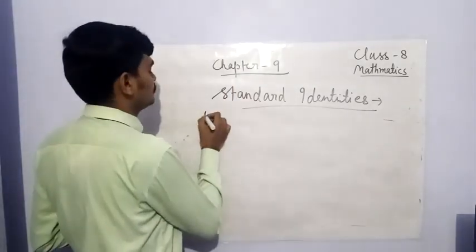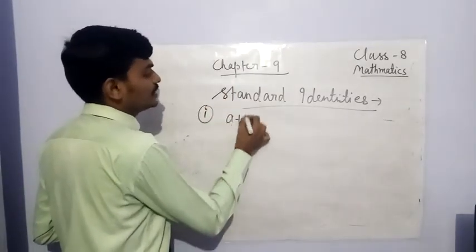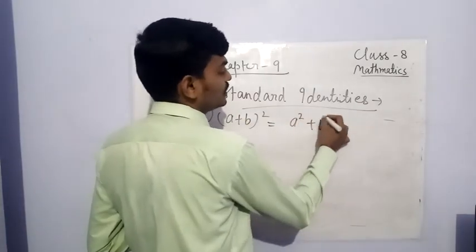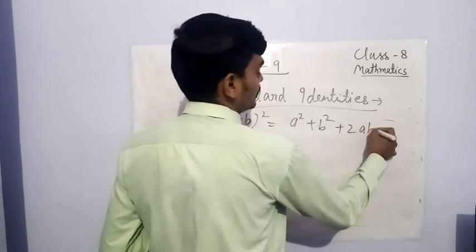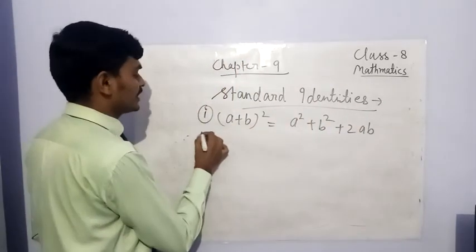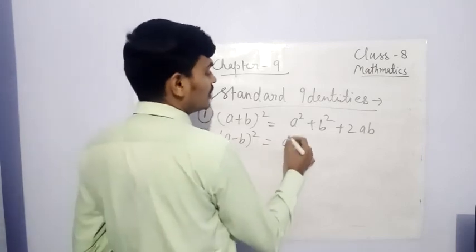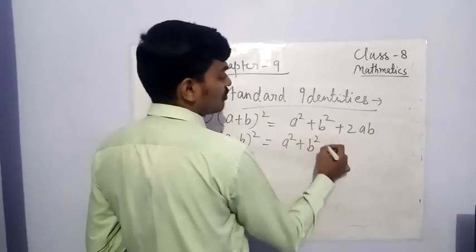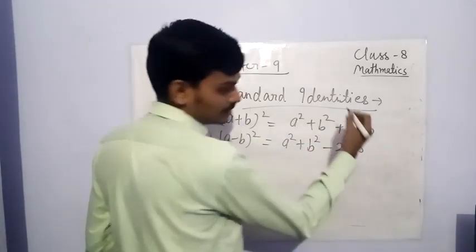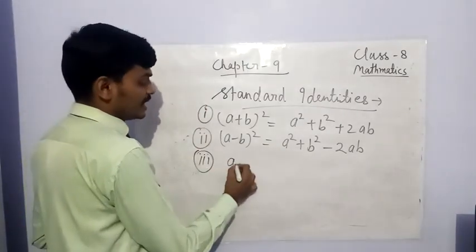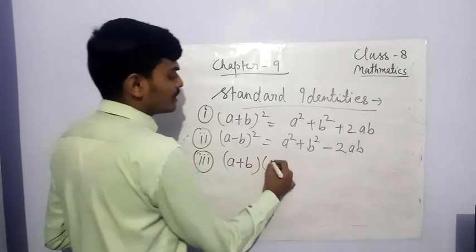First one is a plus b whole square, that is a square plus b square plus 2ab. Now the second identity, a minus b whole square. This will be a square plus b square minus 2ab. Now the next identity is a plus b into a minus b.